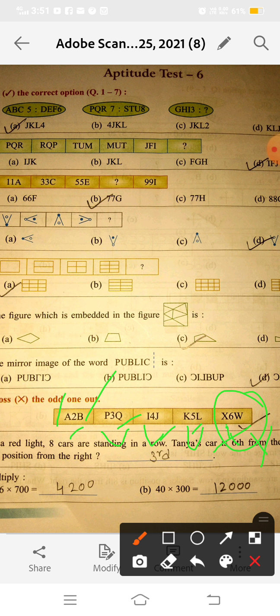So this last box is our answer. This is the odd one, so we have to cross it.